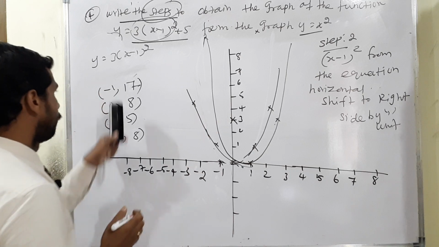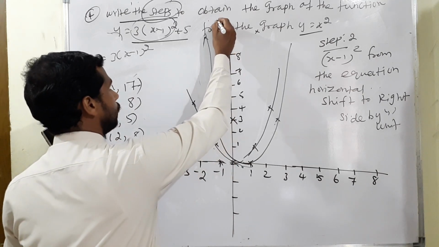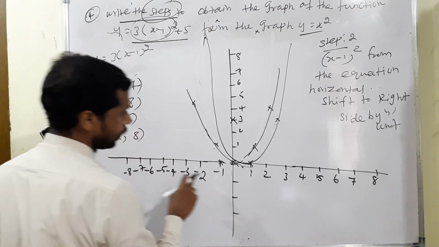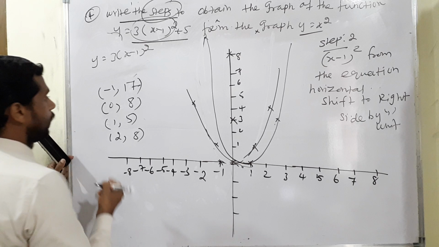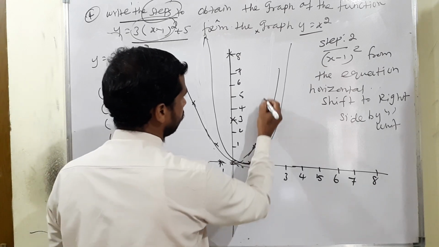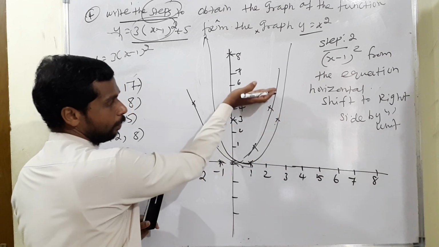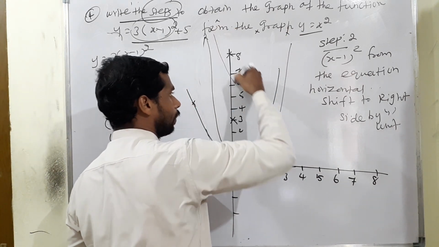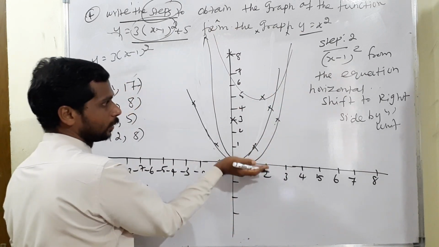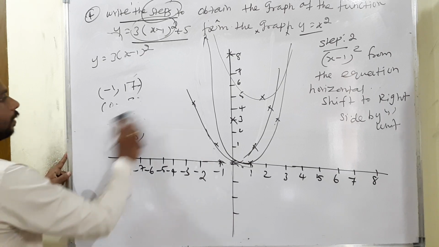The final one: look at minus 1 comma 17, biggest. 0 comma 8. The next one 1 comma 5. 2 comma 8. So totally 5 units will be shifted, and it will plot like that. So approximately 5 units. Therefore step number 3.